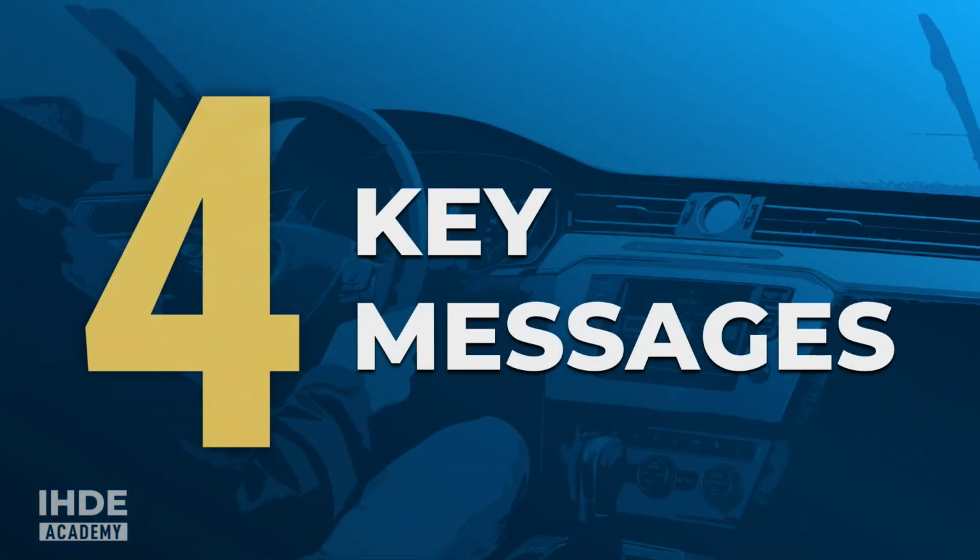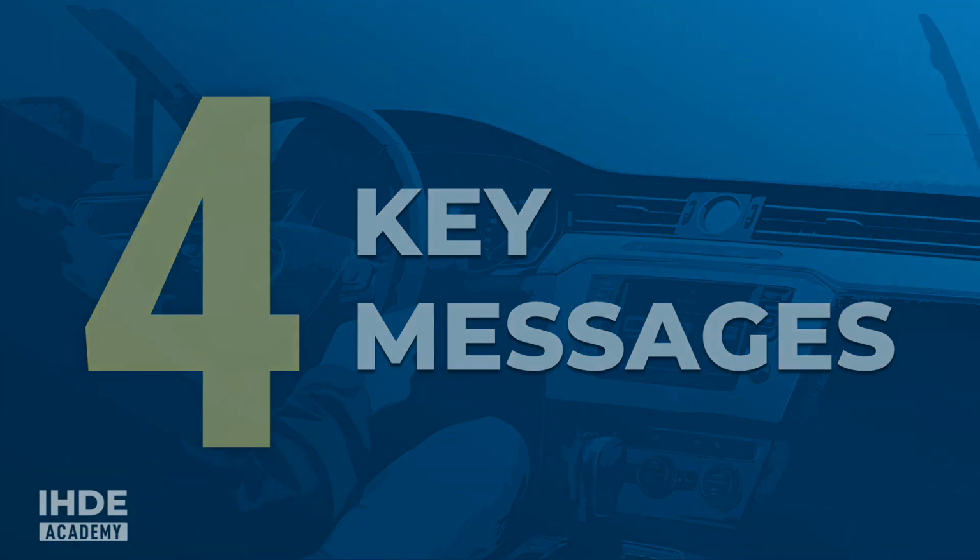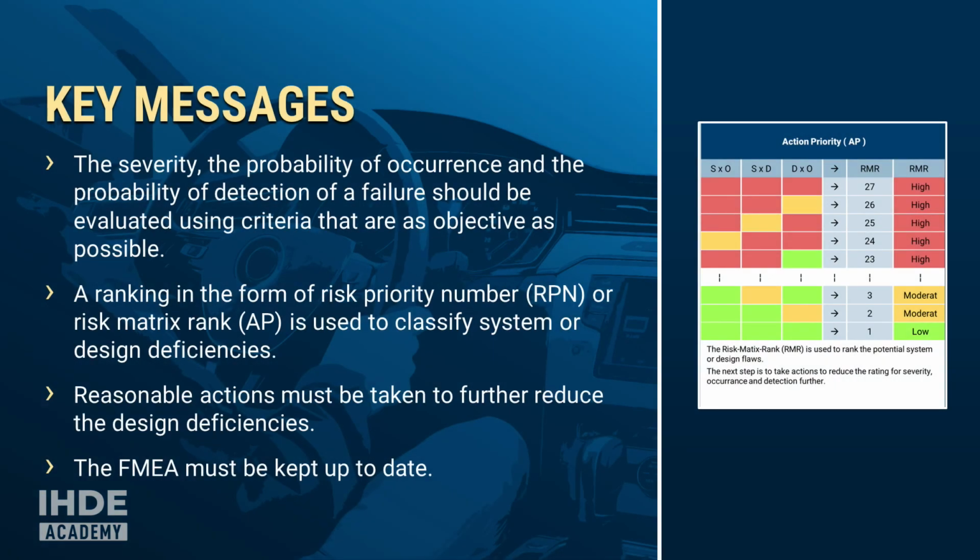Well, that was a lot of new information. Therefore, I would like to conclude by repeating the 4 most important key messages. The severity, the probability of occurrence, and the probability of detection of a failure should be evaluated using criteria that are as objective as possible.